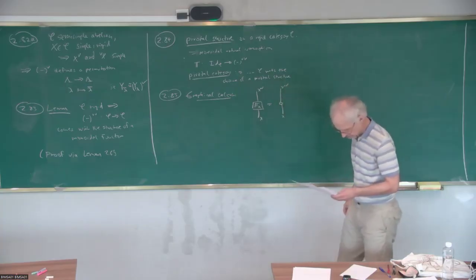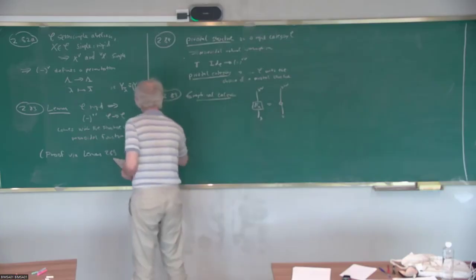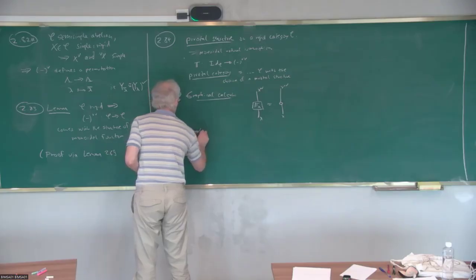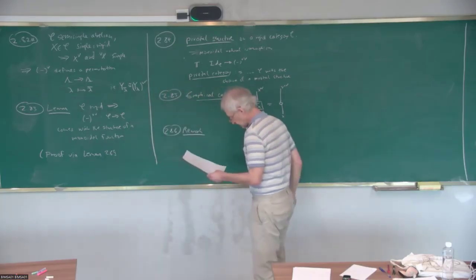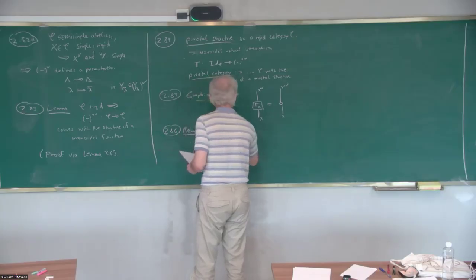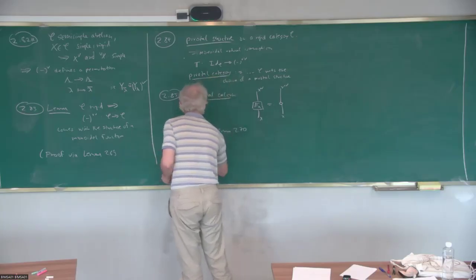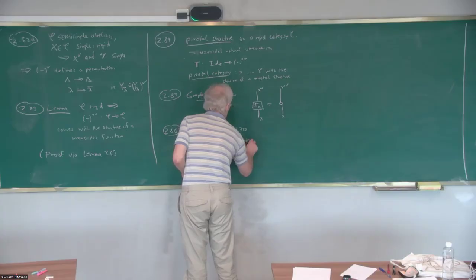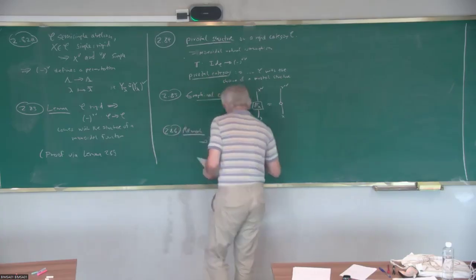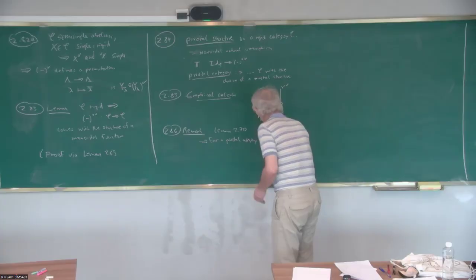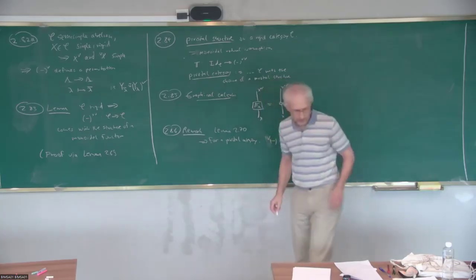And then a remark. If we use lemma 270, then we see that for a pivotal category, we always have that the left dual, as functors, is isomorphic to the right dual.